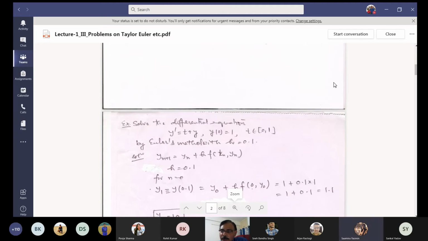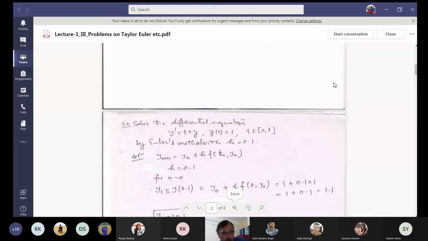On the right hand side only y_j is there, so you can calculate this right hand side value and get the next value y_{j+1} for the Euler method.